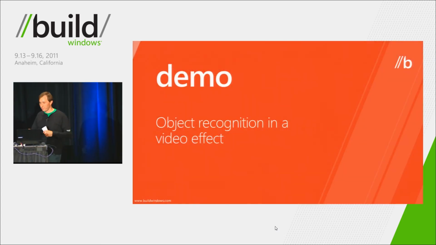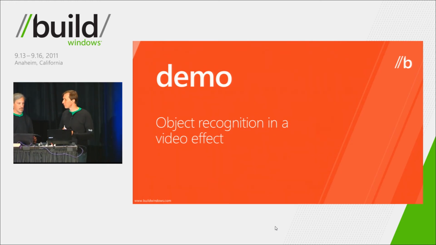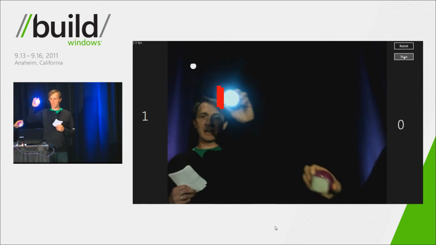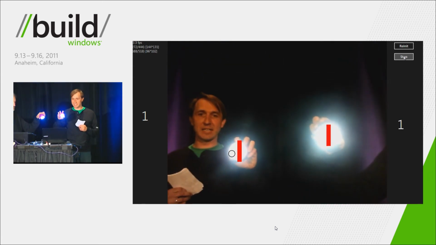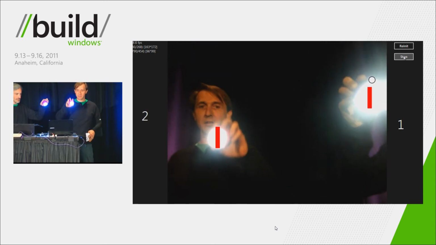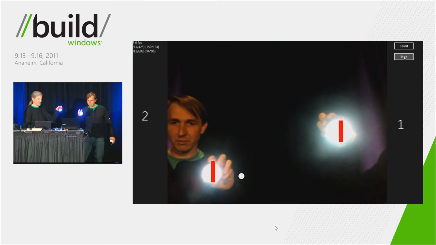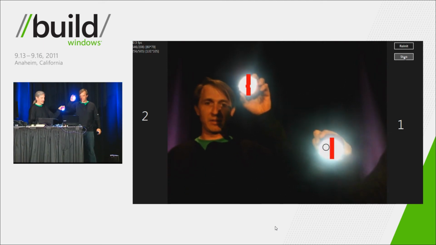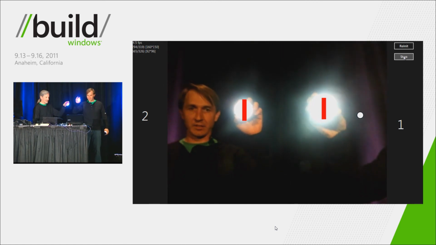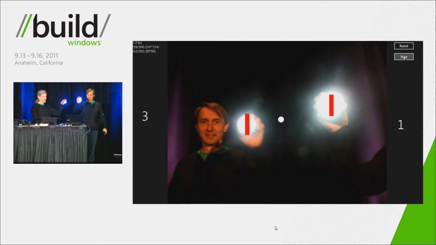So we've built a little game that is, oh, I'm already losing here, that is actually using these lamps, and it's detecting the position of light on the screen. And now I can play this game with Tim.